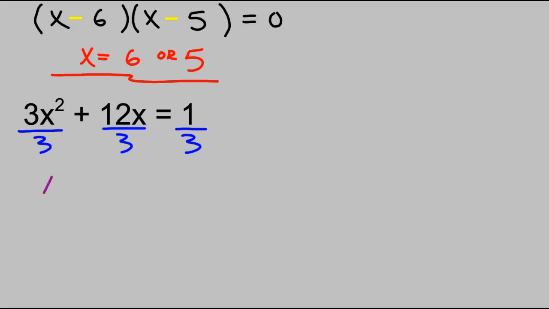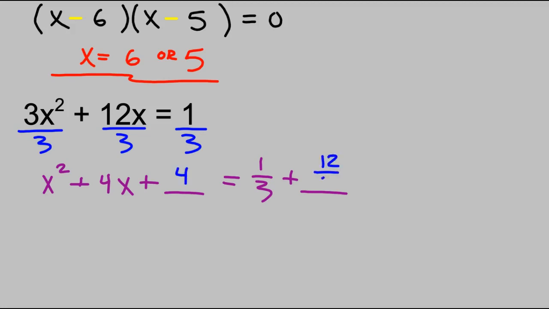But if we did, we'd end up with x squared plus 4x plus, now we have to have a special number, equals 1/3 plus that same number. That number in this case is going to be 4. So it's 4 over here, but instead of 4, I'm going to write 12/3 just to make a common denominator.